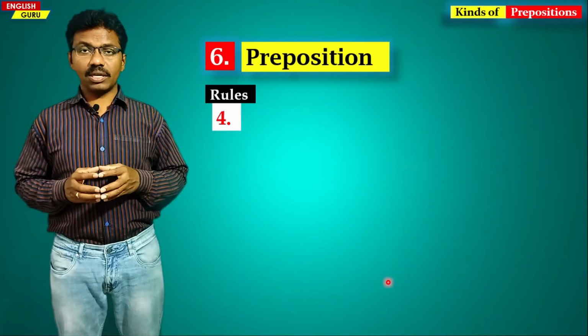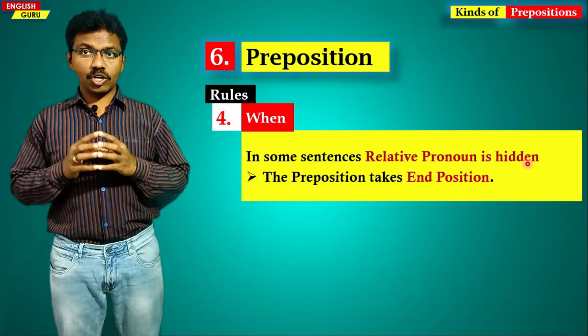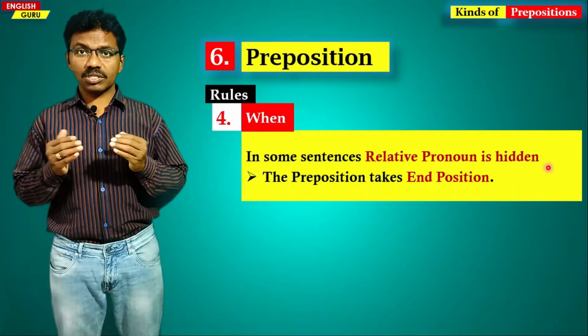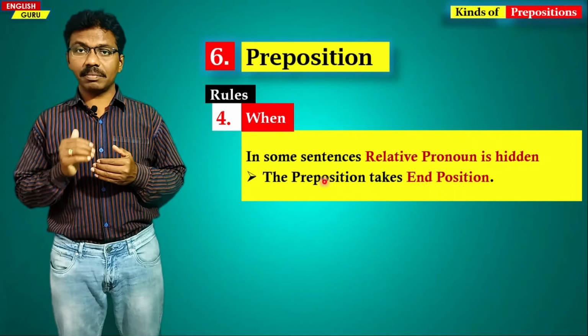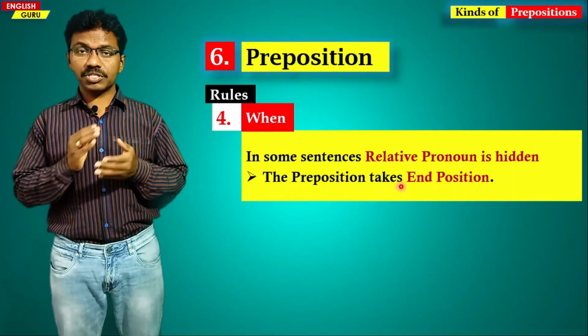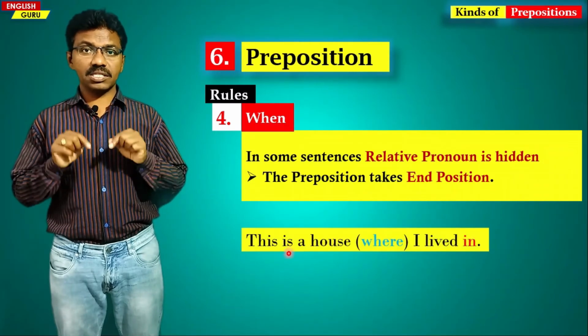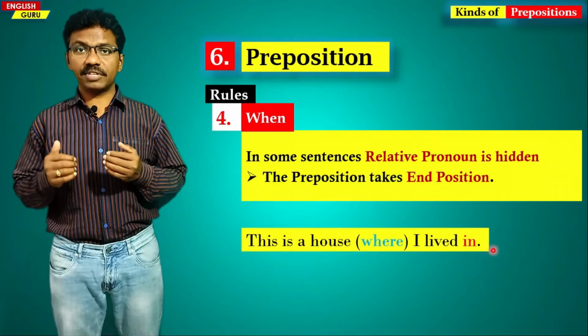And the fourth one is when in some sentences the relative pronoun is hidden. It is not seen, but it has implied meaning in it. So in those sentences, the preposition is placed at the end of a sentence. For example, this is a house I lived in.